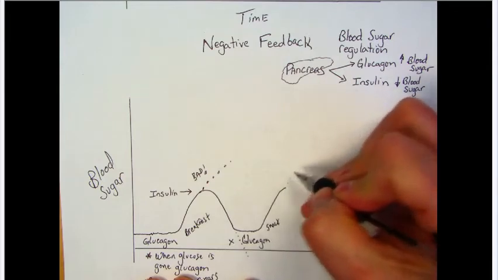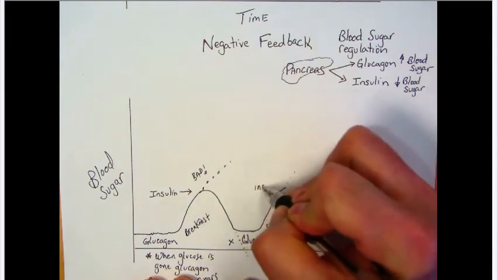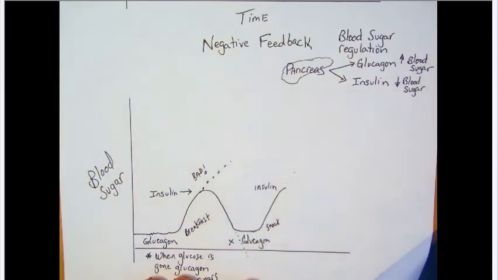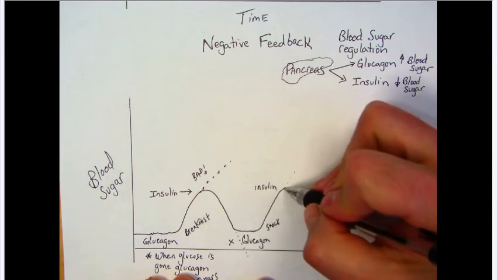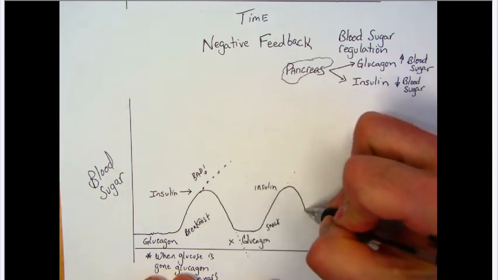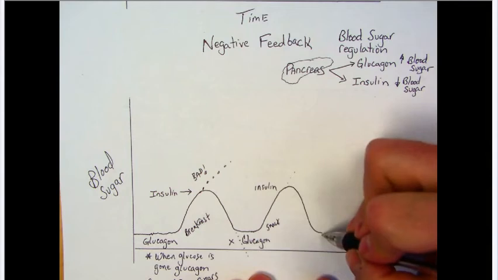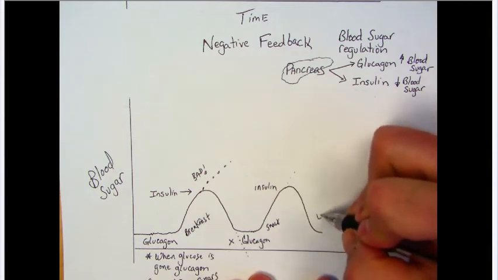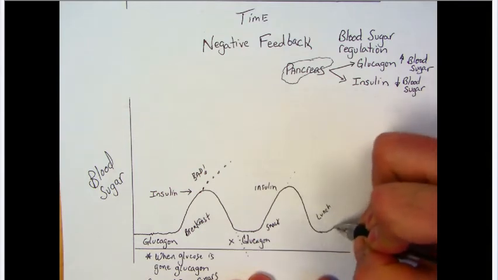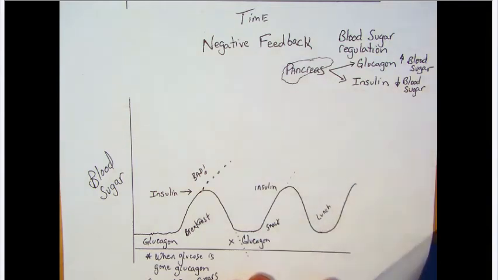And to keep it from going too high, insulin is there and secreted. That tells your cells there's something to eat. Blood sugar drops over the period of time. You might have lunch, and then your blood sugar goes up again.